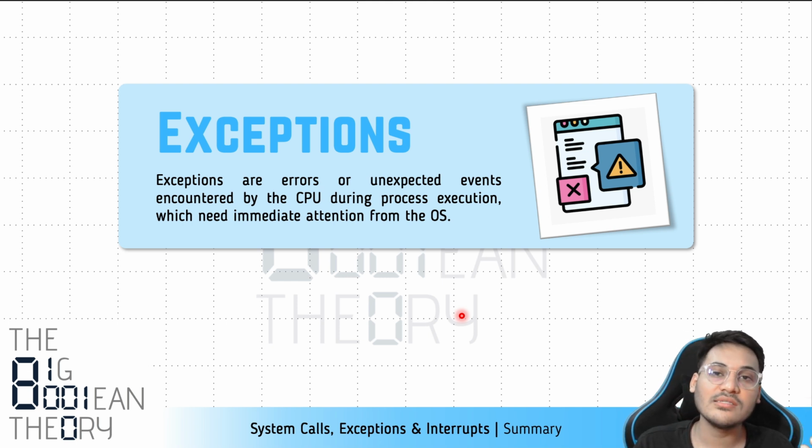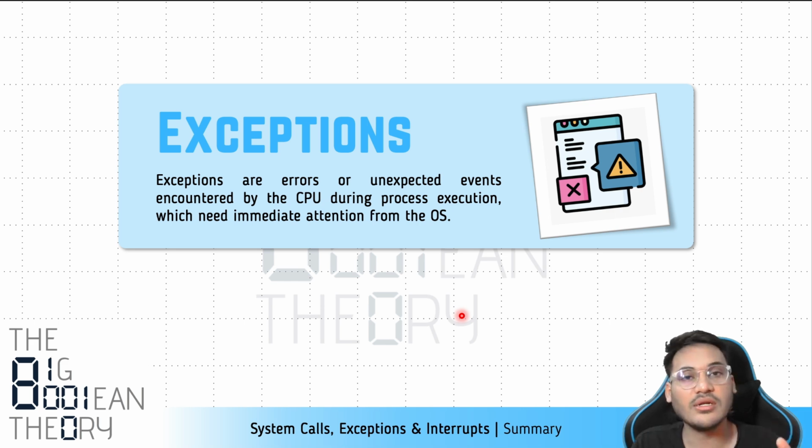We discussed that there could be several reasons for exceptions. For example, when a program causes an array index out of bounds error, divide by zero error, stack overflow, segmentation fault, page fault, or even when a programmer introduces a breakpoint, all of these can cause an exception, right? So basically, it's an error or an unexpected event which occurs during the process execution.